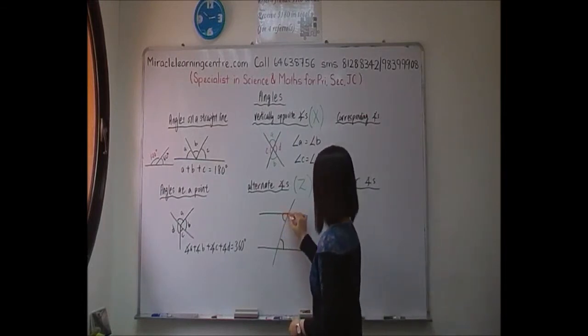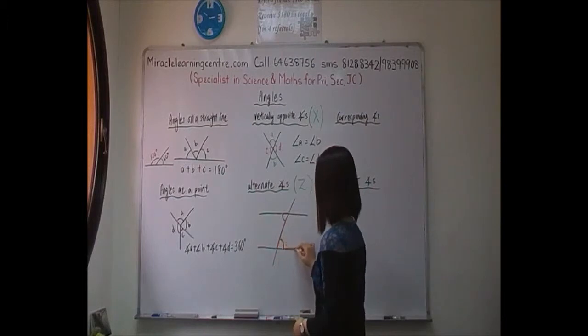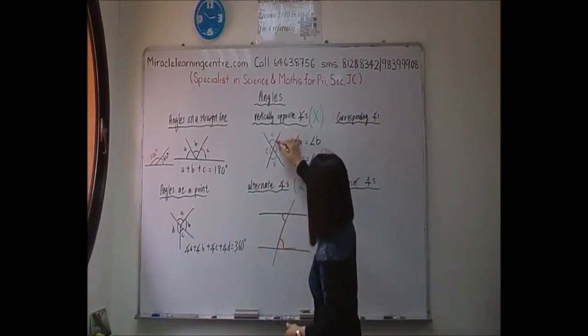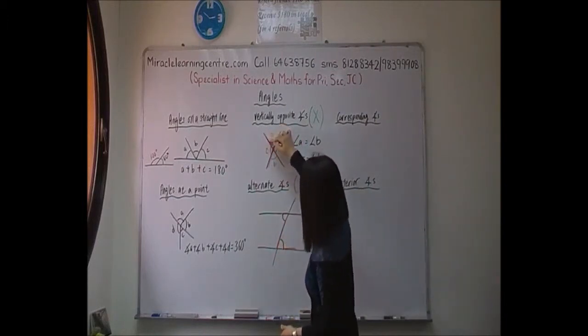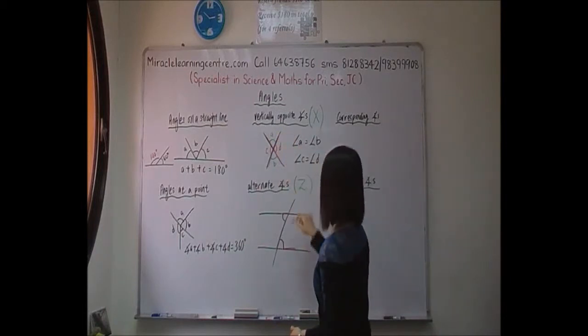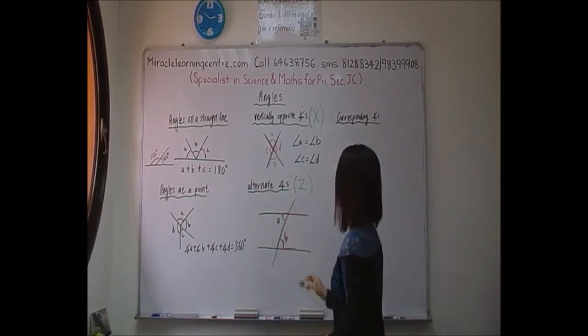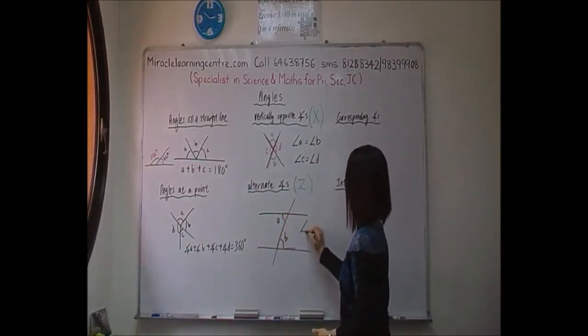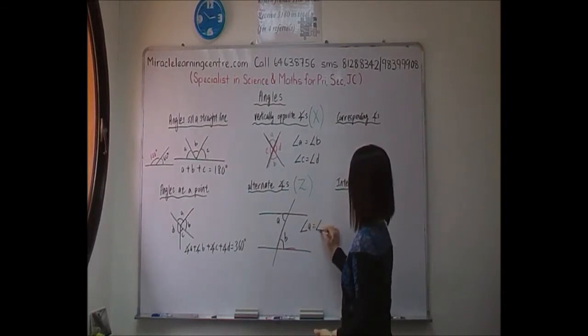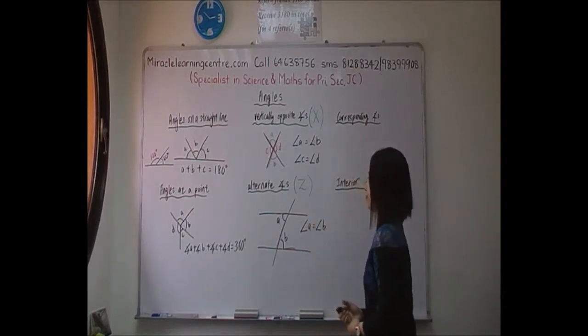The Z is here. This one, the letter X, is here. Letter X, letter Z. So this is angle A, angle B. This is an alternate angle. So angle A equals angle B.